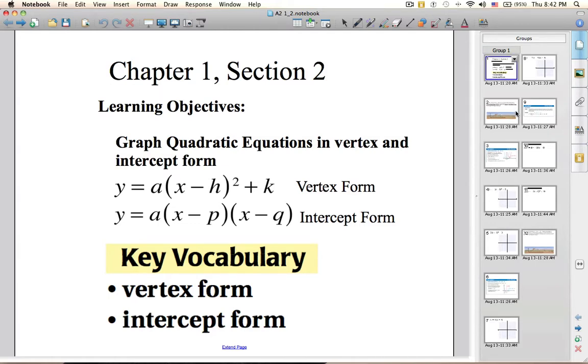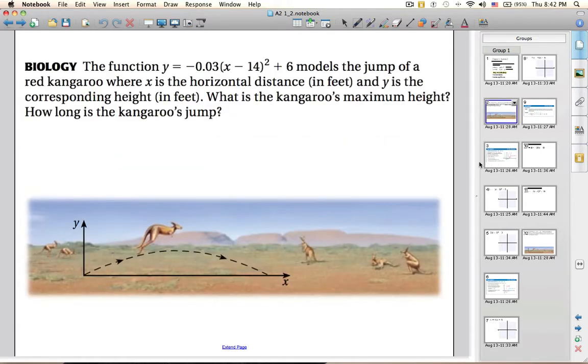Again, framing our lesson around some form of regular application. Here we can see that this function y is equal to negative 0.03 times the quantity x minus 14 squared plus 6 will model the jump of a red kangaroo, where x is the horizontal distance in feet. Right? So now we're talking about distance traveled.